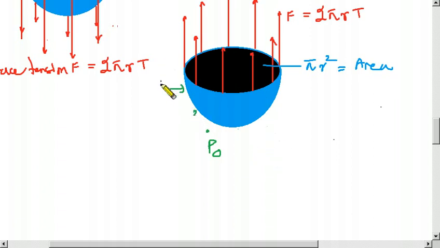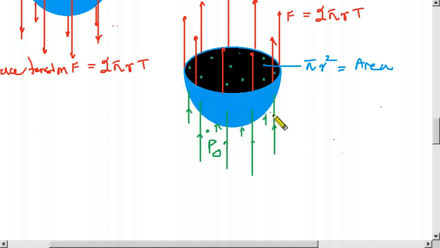So we have to consider that. So there will be forces like this, say green color F. So pressure equals force divided by area. So we need force. Force equals P naught times area. So P naught times what is the area?